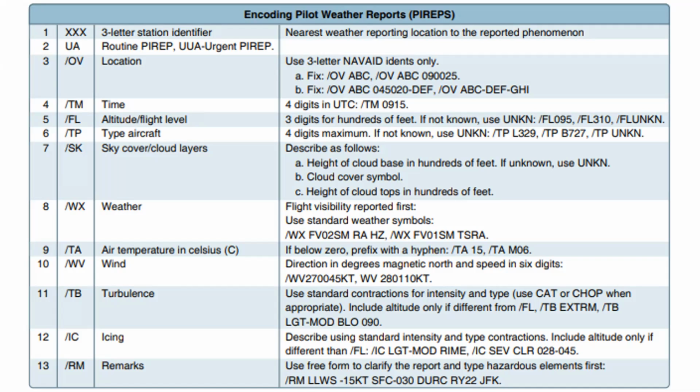For instance, /IC LGT-MOD, so light to moderate, and then it gives you the type, rime icing. Here, /IC SEV CLR, so severe, clear icing. So that's kind of how you read those.